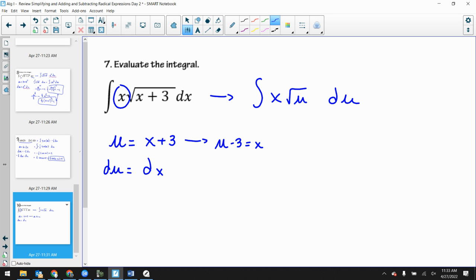So therefore, we can substitute that into our integral here and say that the integral is going to be equal to u minus 3 times radical u du. Have I replaced all my x's with u's now? Yeah. So now, once I reduce this down, and I have to reduce it down before I do anything else, then I will be able to find the antiderivative. I couldn't do it yet because I had an x still in there.